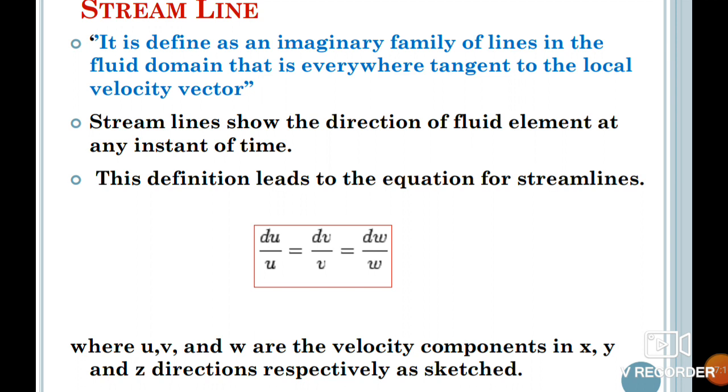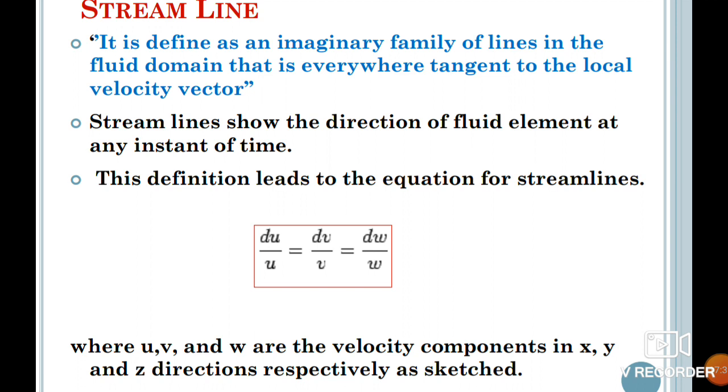The fluid particles, each of the fluid particles, will have velocities. If we are drawing a tangent to the velocity, and joining all those tangents together, then that is equal to a streamline. It is just an imaginary line.